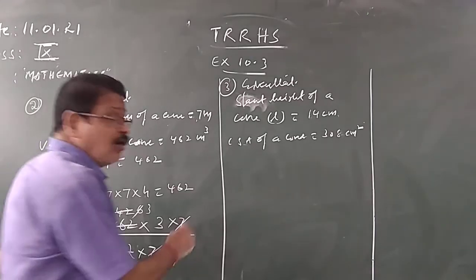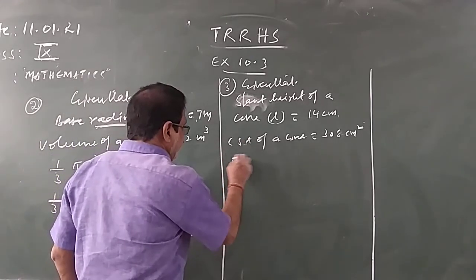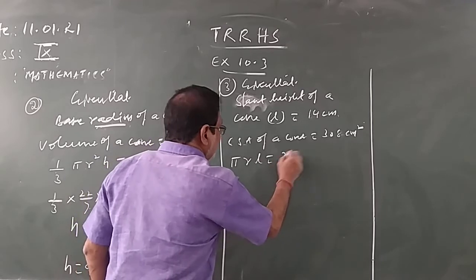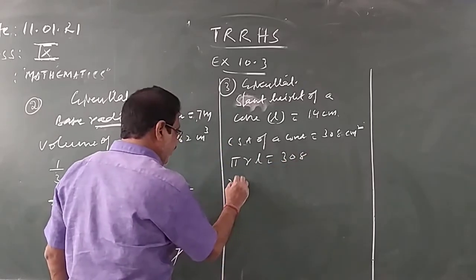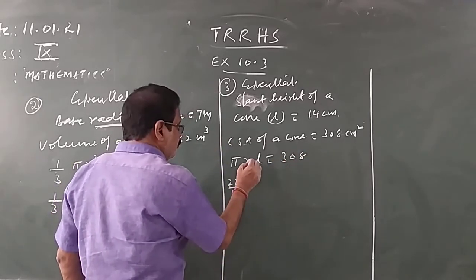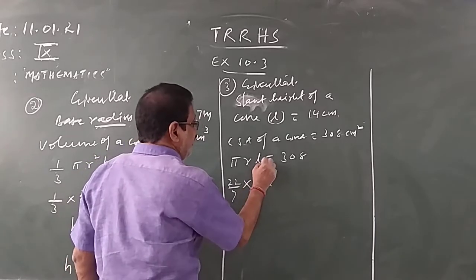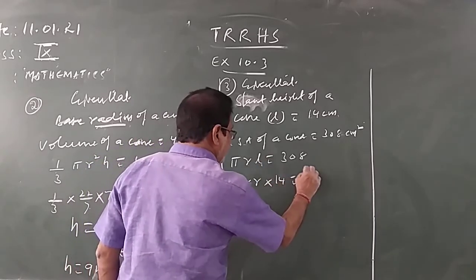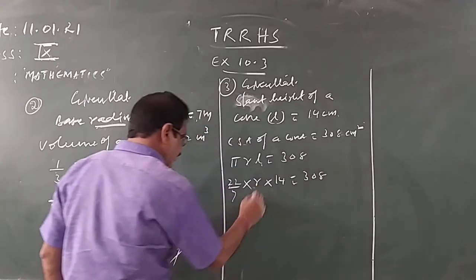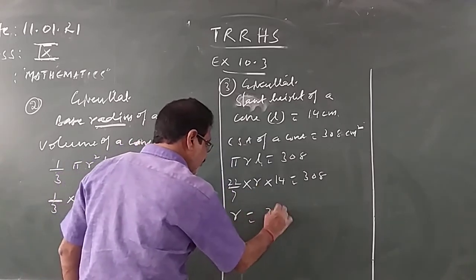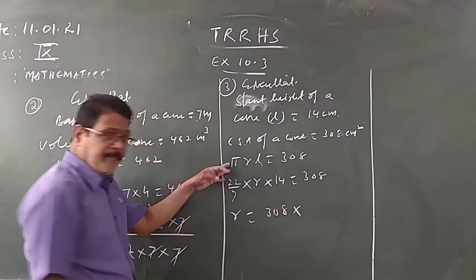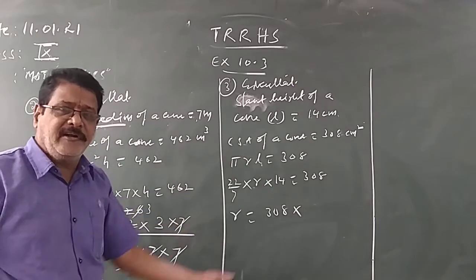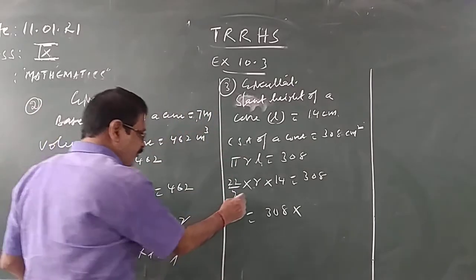CSA of a cone, curved surface area of a cone, is what? Pi r l. Pi r l is equal to 308. Pi value is 22 by 7. Do you have the radius? No. l means slant height, 14, is equal to 308. Find r. r is equal to 308, and when you shift to the right side the numerator becomes denominator. So 7 becomes numerator, 22 into 14 in the denominator.